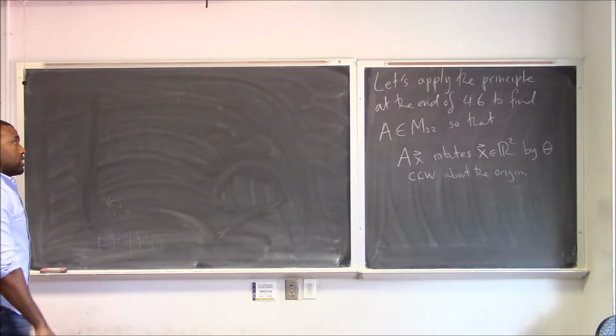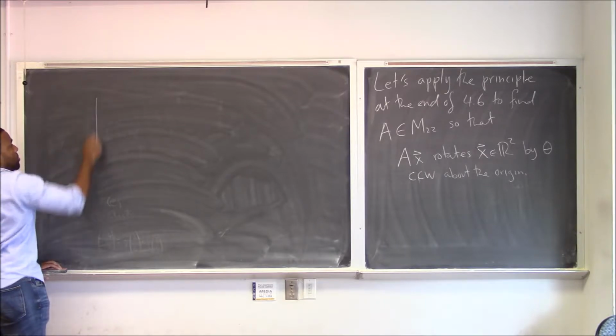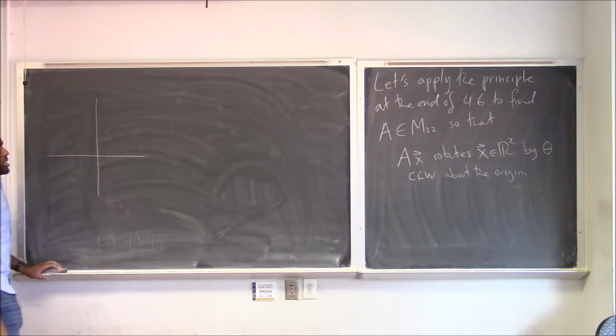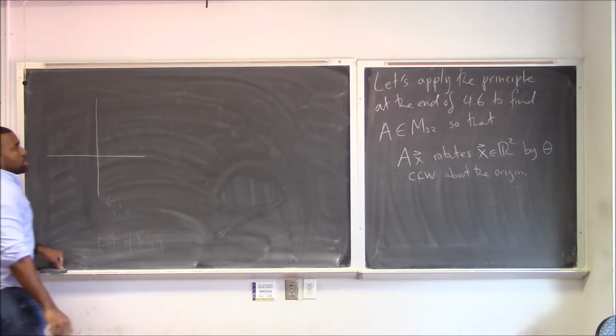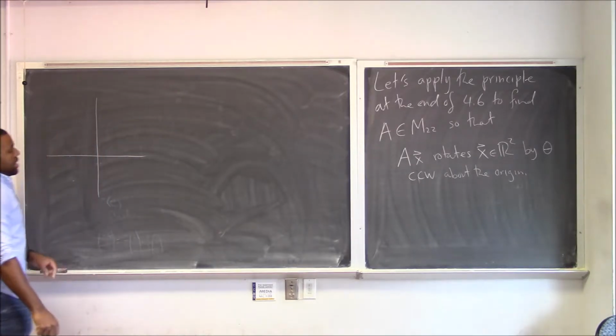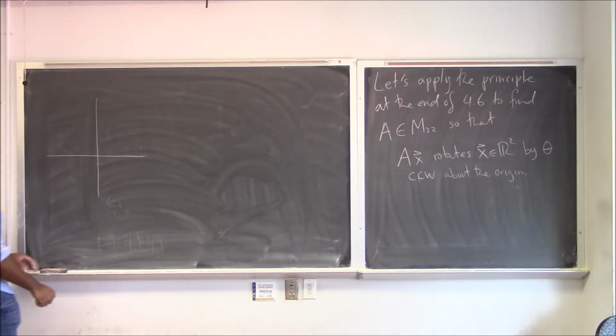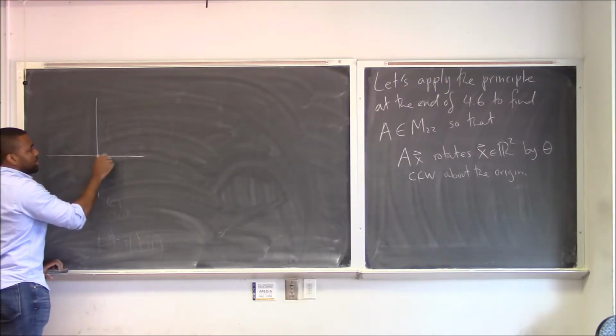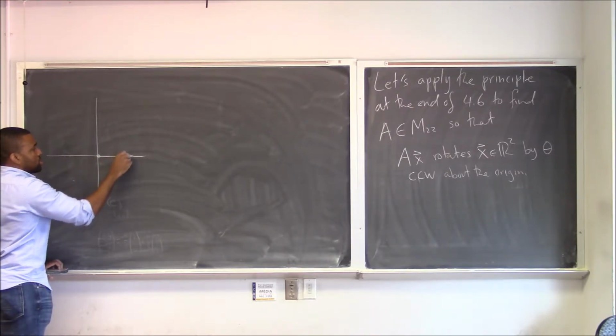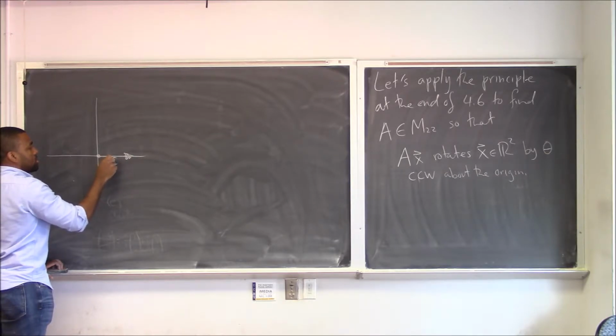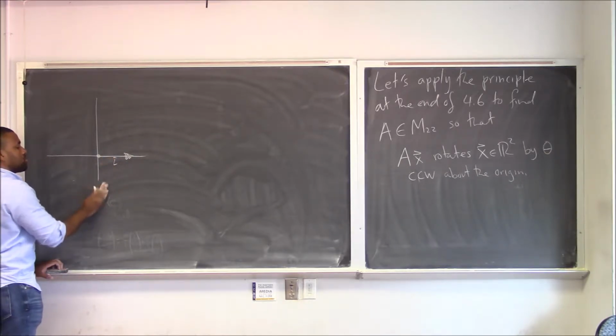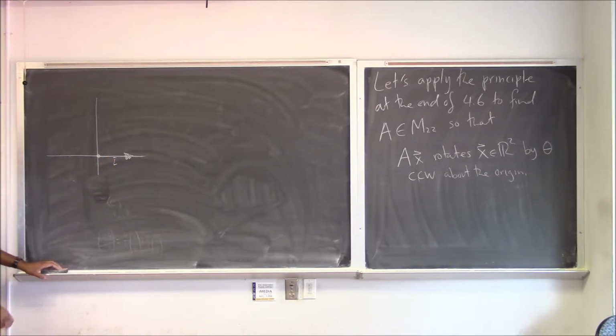So let's actually look at this. Here's my space R2. How would I be able to rotate any vector by an angle theta? Well, let's look at what happens to i. Here's my vector, the i vector. We have to know, what would A times i do?